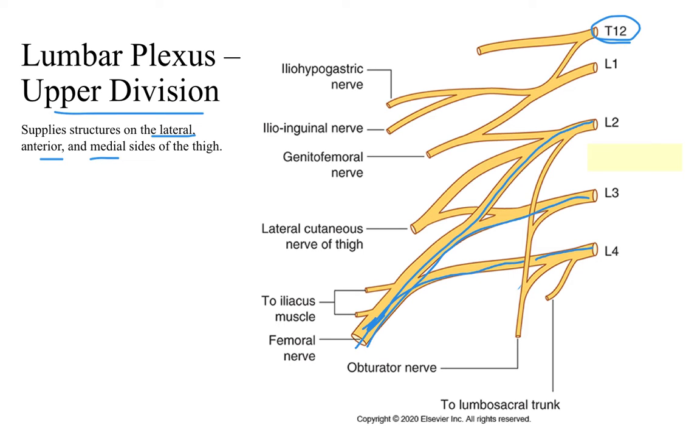And the second would be the obturator nerve, which is contributions again from L2, L3, and L4, although that nerve is much smaller than the femoral nerve. The femoral nerve is the biggest nerve coming out of the lumbar plexus.